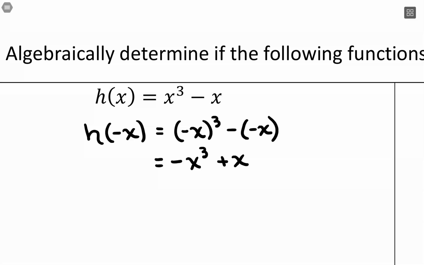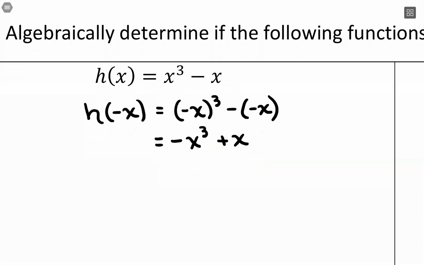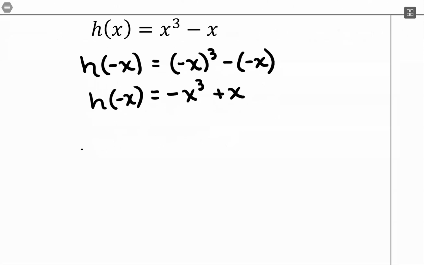Now the first thing I do is check to see if it's an even function, because that's kind of the easiest one to do, which would be looking at the function we ended up with, and is it the same as the original function, which it is not. So it's not even. But then what we could do is compare our h of negative x to negative h of x.